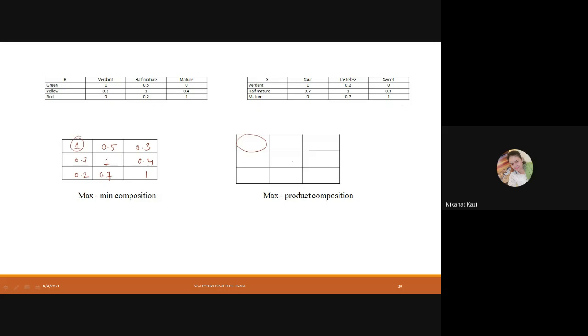So here quickly, I want someone to answer, please. For this row and this column, you have to find the products and then the max. It will be 1, right? Can someone volunteer?